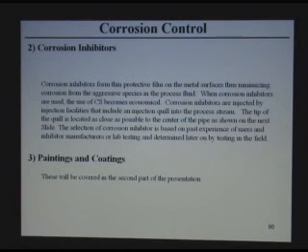So it is a barrier between the process and the metal, and it gives protection. Of course, you have to build up this film when you start up the unit, and then you have to maintain it because this film might erode from the process. So you have to keep injecting inhibitor to maintain this film.